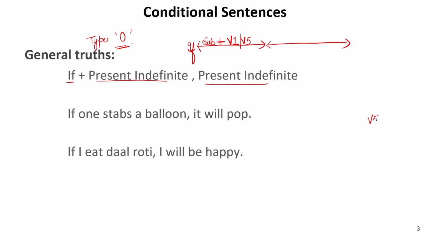Now, verb fifth form means verb with s or es, that we call base form with s or es, and verb first form is the base form of the verb. And this part will again be subject plus verb first or verb fifth form. There is no imagination.